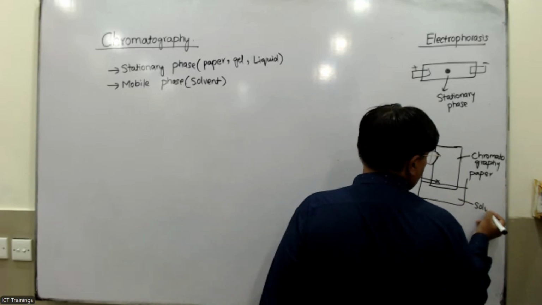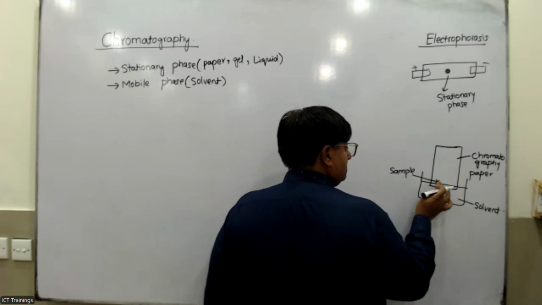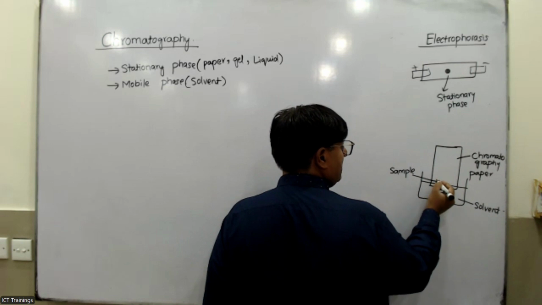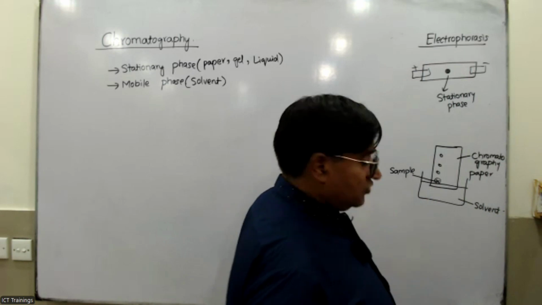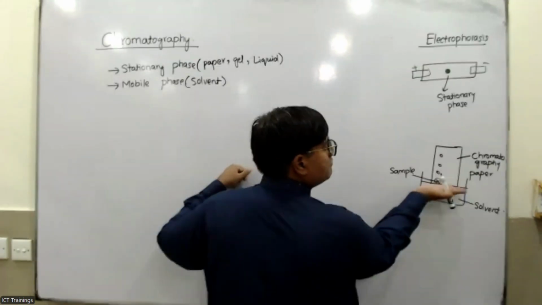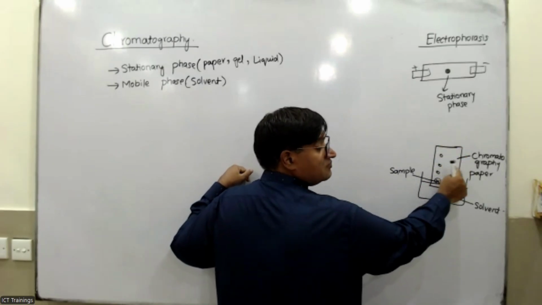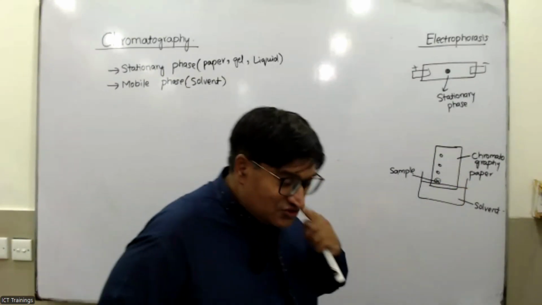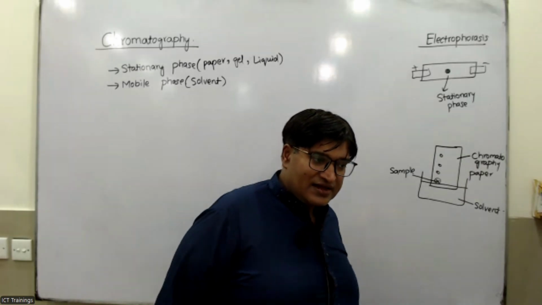This solvent travels on the paper and is going to dissolve the sample, and it will form different spots on it. So this solvent, my dear, is the mobile phase because it moves on the paper. This paper is not moving at all. So this is the stationary phase. Did you get my point, guys? Yes, sir.